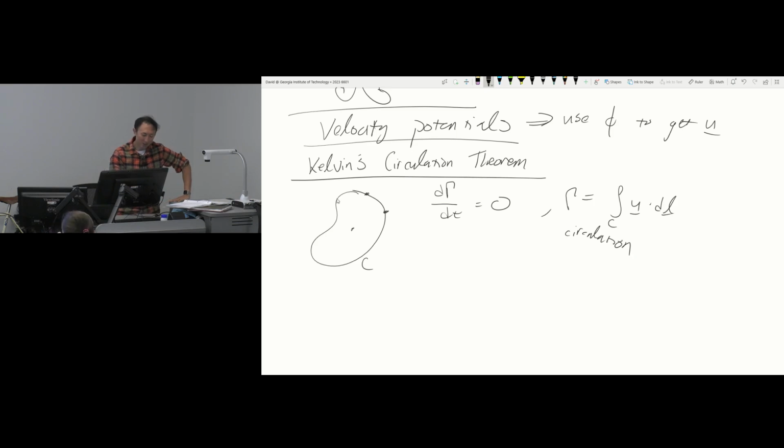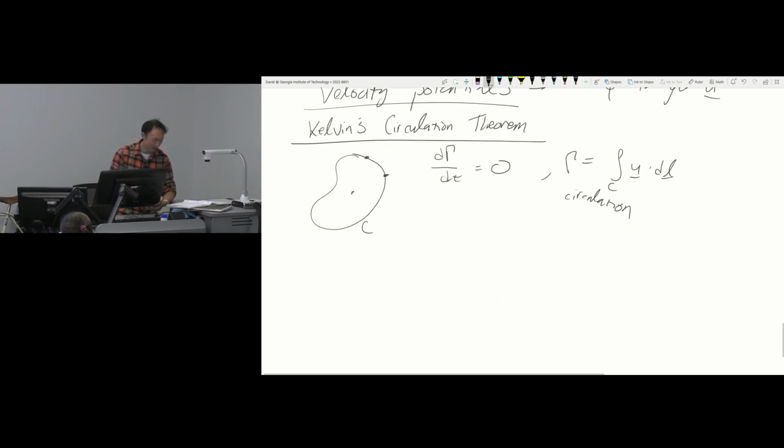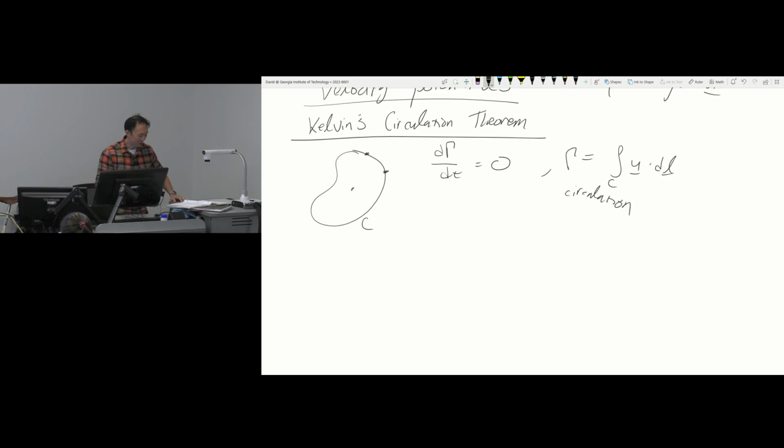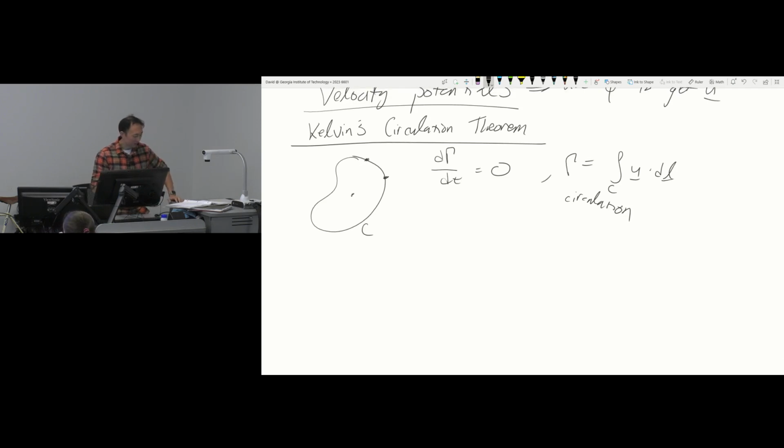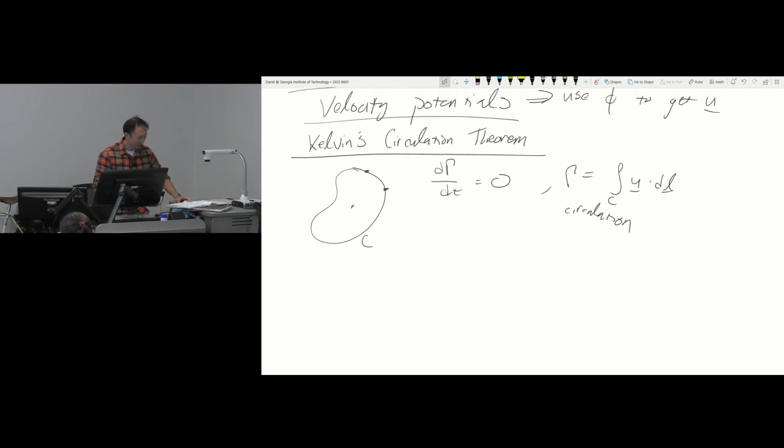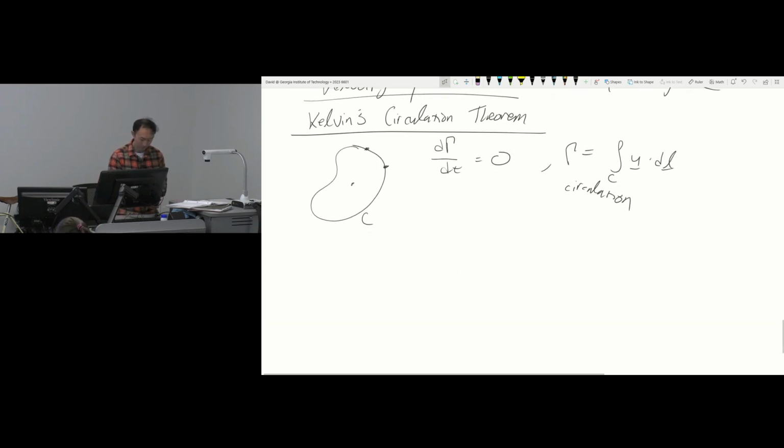You can imagine physically it's associated with spin. If I have something that's rotating, I'm going to have some non-zero value there. But Kelvin's circulation theorem says if we have an inviscid fluid, the circulation doesn't change. So the full statement is this.